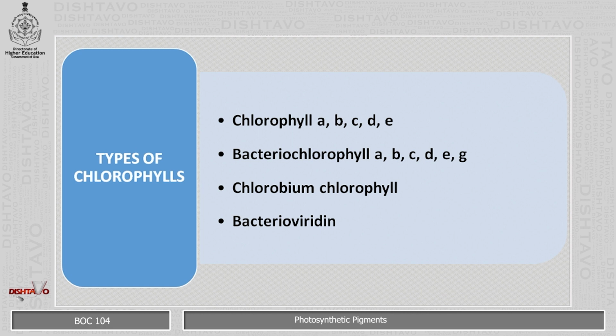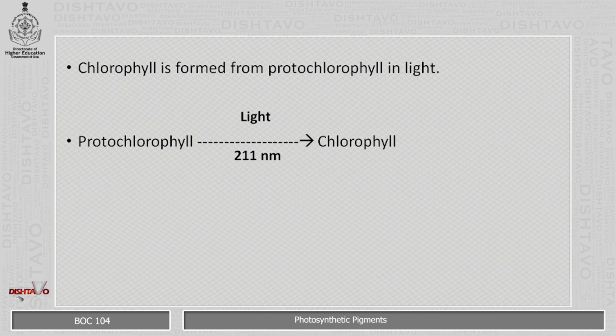Then we have bacteriochlorophyll A, B, C, D, E and G, chlorobium chlorophyll and bacterioviridin. These three are found in bacteria. Chlorophyll is formed from protochlorophyll in light. We have protochlorophyll, which in the presence of light at around 211 nanometers forms chlorophyll.